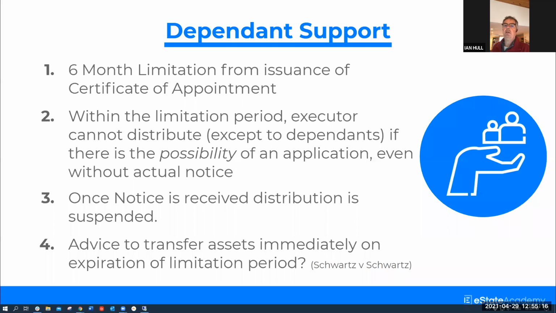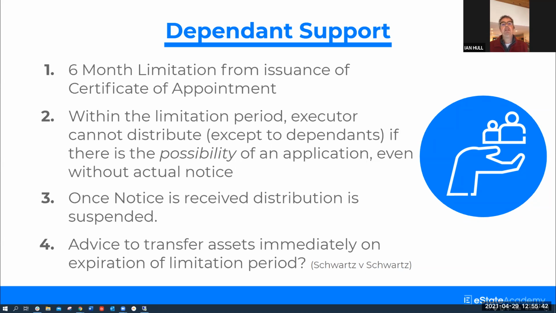It makes it much harder to go beyond the 6 months. The Act says that you can get extensions, but it's in respect of the undistributed assets. So as an executor, you're actually pinned against the wall a little bit. You can't do anything for this first 6 months, nor should you. And quite frankly, I've never really understood why people move so quickly in the first 6 months with a potential claim hanging over their head.